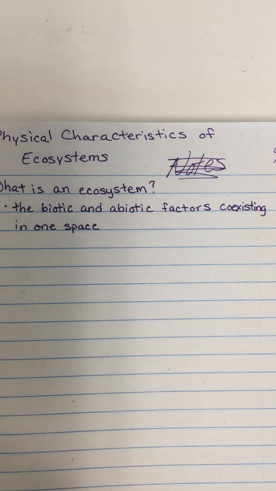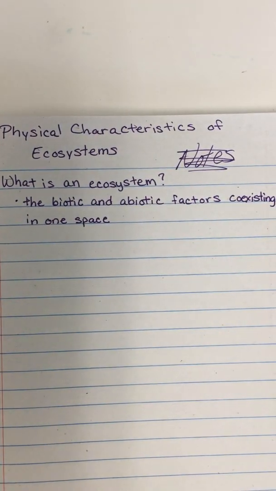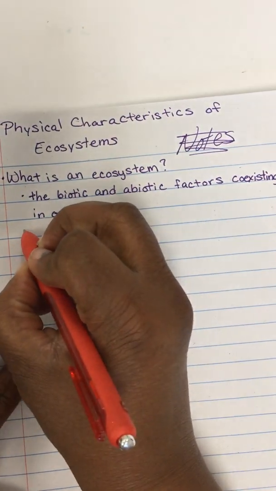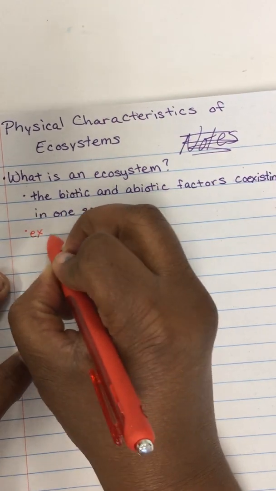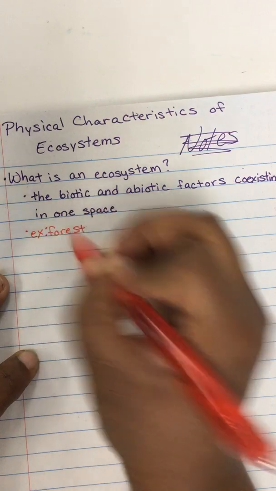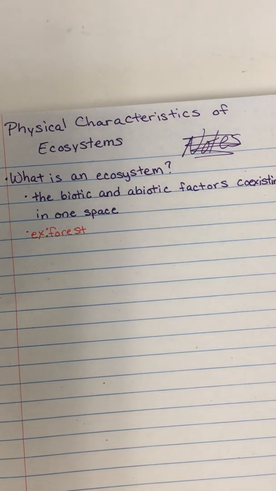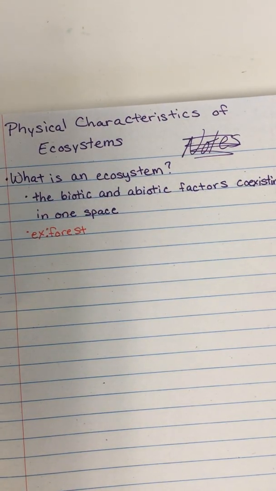So, for example, let's take a forest. I'm going to switch pens real quick. In a forest, you can have a lot of different animals. And I'm going to use my green pen for this one. If you want to switch between your colors because it makes more sense to you that way, that's fine.